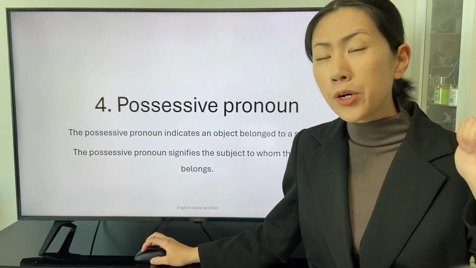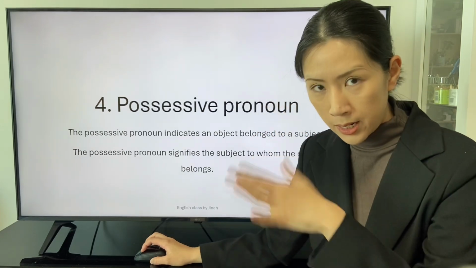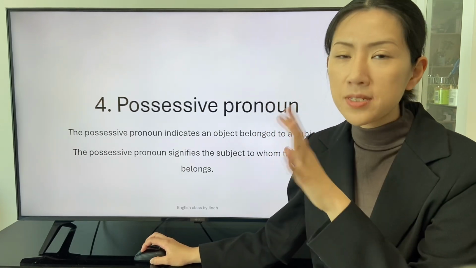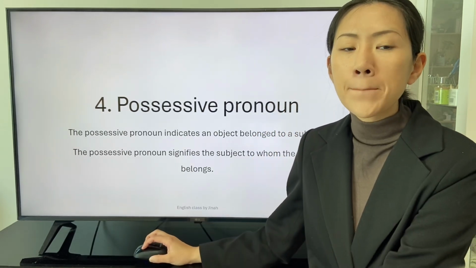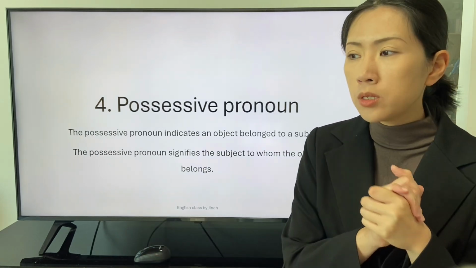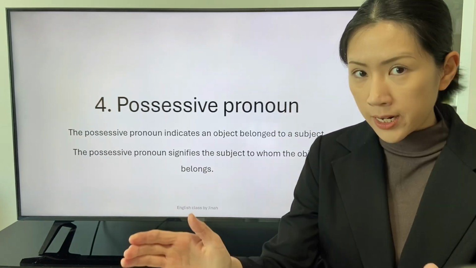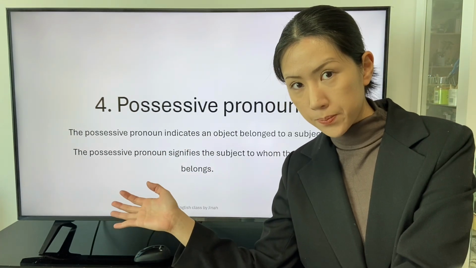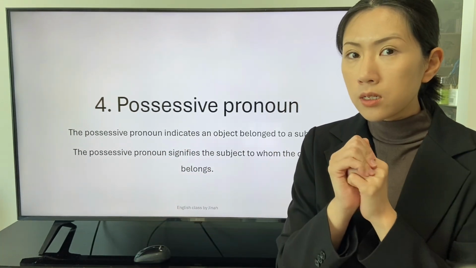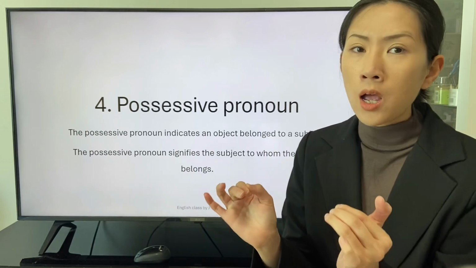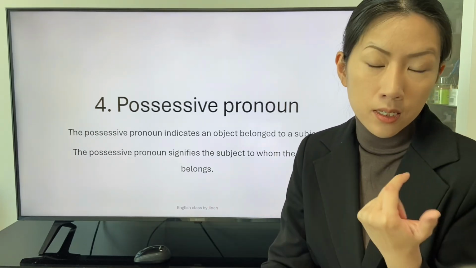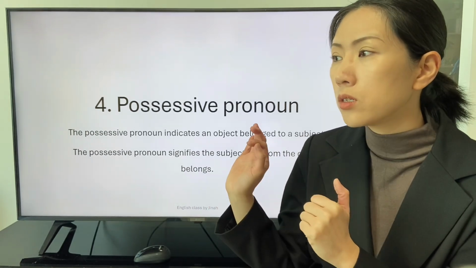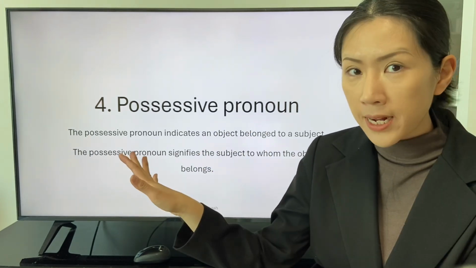The first sort of pronoun is the possessive pronoun. The possessive pronoun indicates an object belonging to a subject. The possessive pronoun reveals the information about who the subject is.